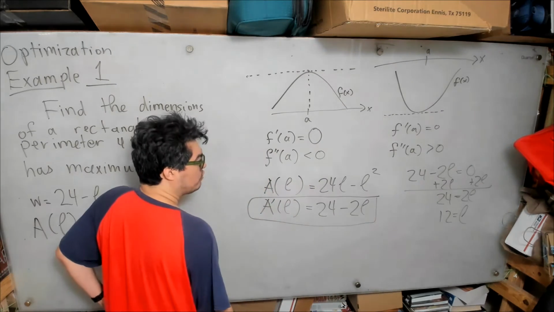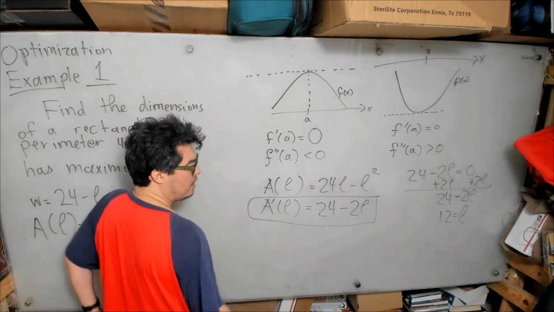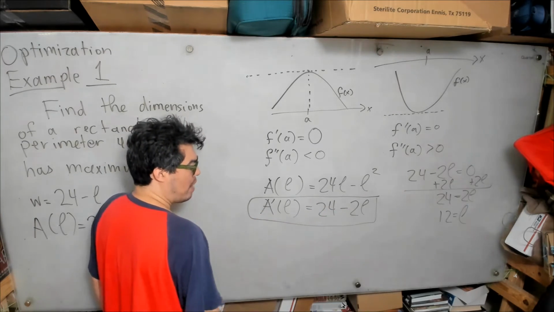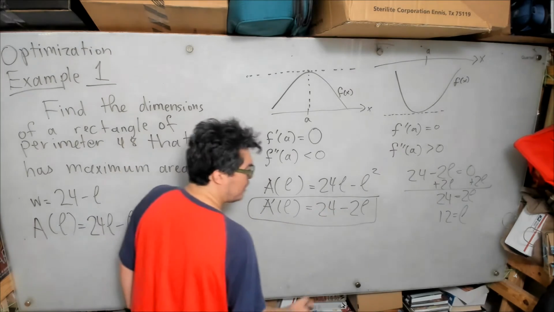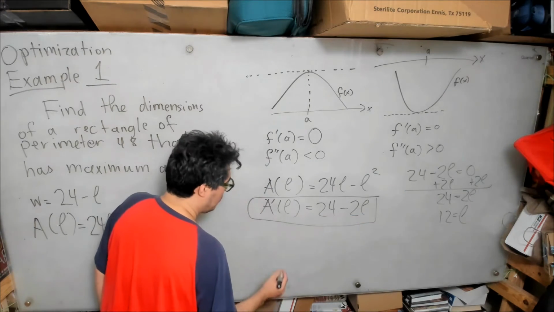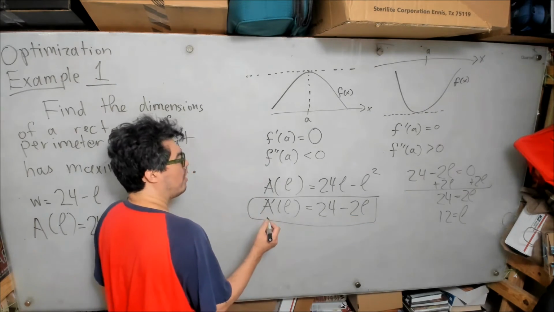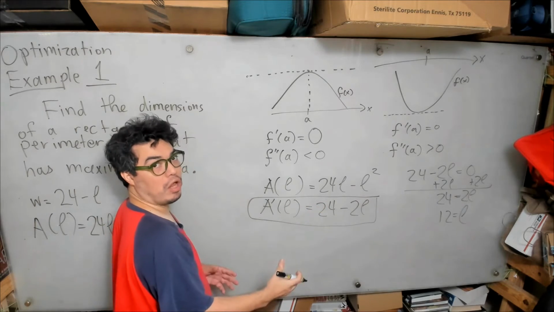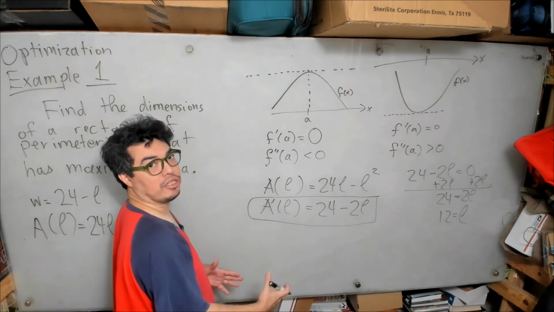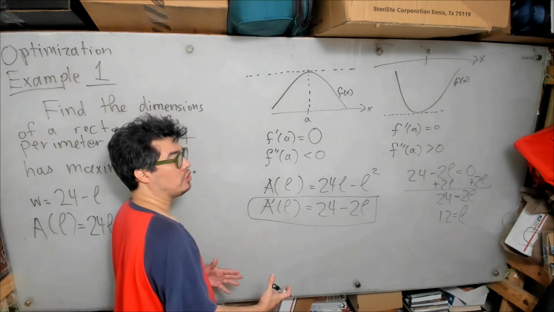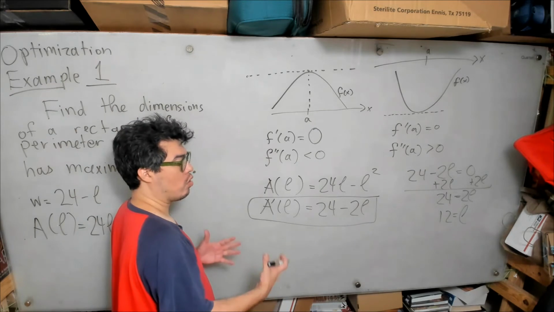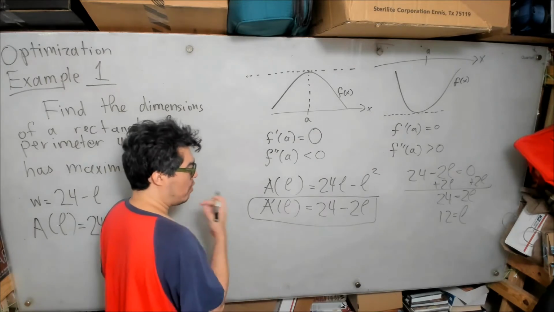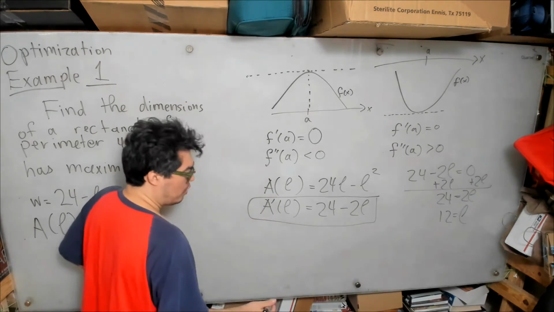So what we just found is that there is a unique value where A prime of L is 0, namely at L equals 12. So now what we want to investigate is whether the length 12 for the length of this rectangle corresponds to a maximum or corresponds to a minimum of this area function. Okay?